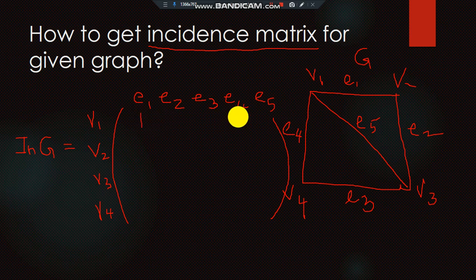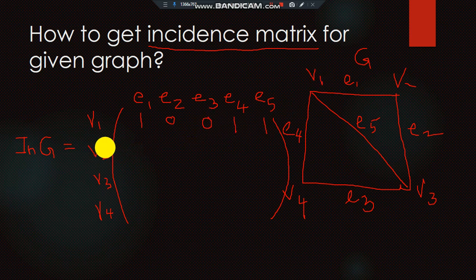E4 is also incident on V1, I am putting 1. E5 also, I am writing 1 here. E2 is not incident on V1 because E2 is incident on V2 and V3 only. So here 0. Similarly, E3 is not incident on V1, 0.